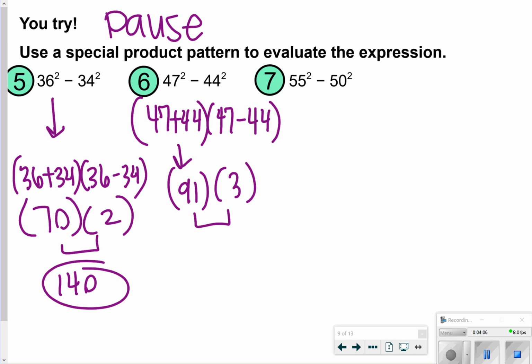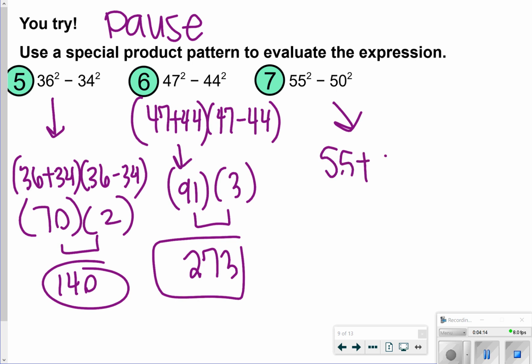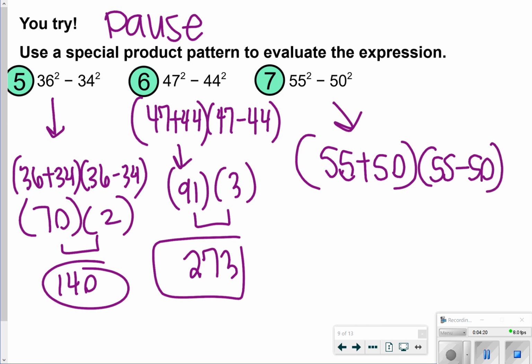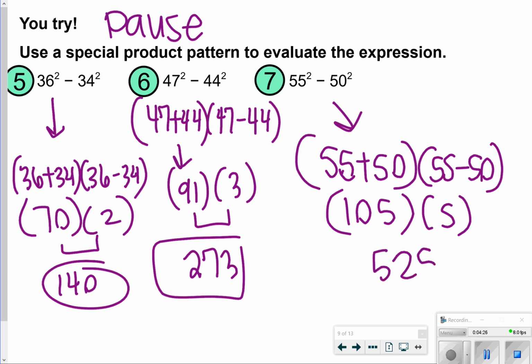Multiplying 91 and 3 together, we get 273. And then number 7, we would have 55 plus 50 times 55 minus 50. That's going to be 105 times 5, which is 525.